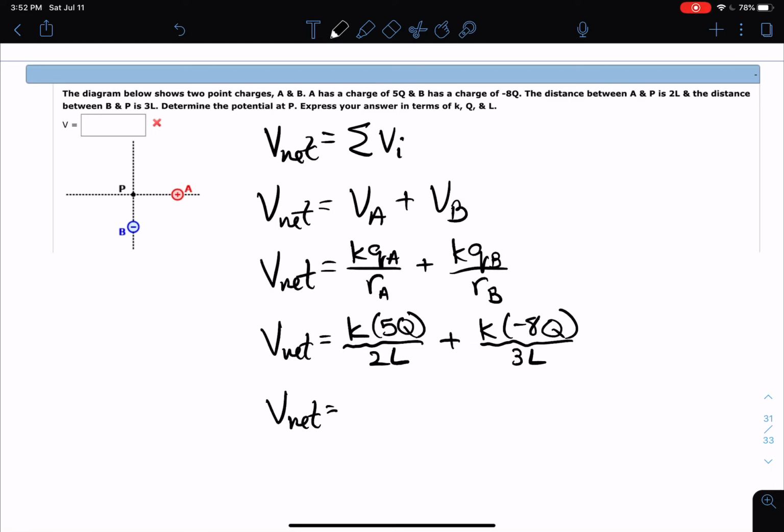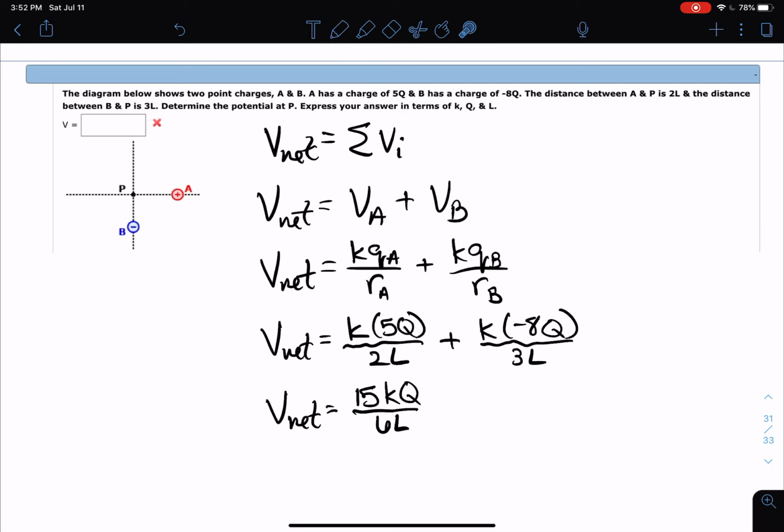Now, a couple different ways you could go about combining these two terms. I'm going to use the common denominator. So the common denominator of 2L and 3L is 6L, or at least that's one common denominator. So to get 6L here, I have to multiply the denominator by 3, which means I'm also multiplying the numerator by 3. So this becomes 15KQ over 6L.